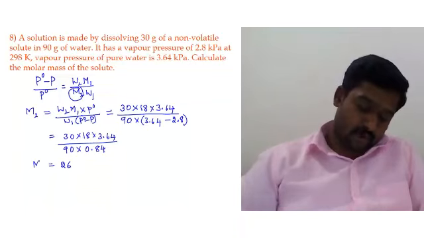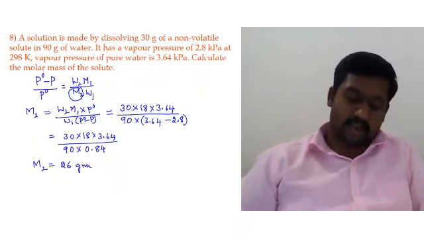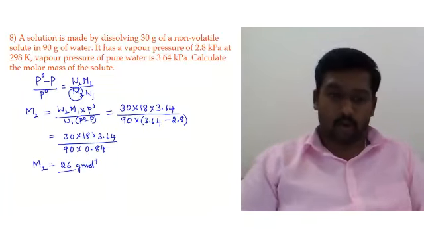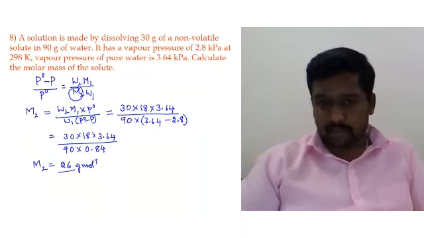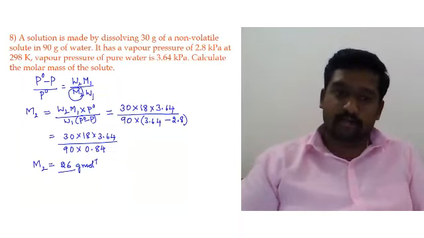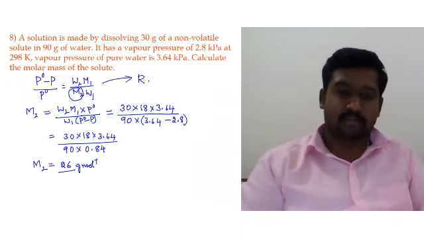And since this is molar mass of solute, I might write the unit as gram per mole. So 26 gram per mole is the molar mass of the solute. This is one method of determining molar mass of a solute by using the method of relative lowering of vapor pressure. So this expression is from relative lowering of vapor pressure.